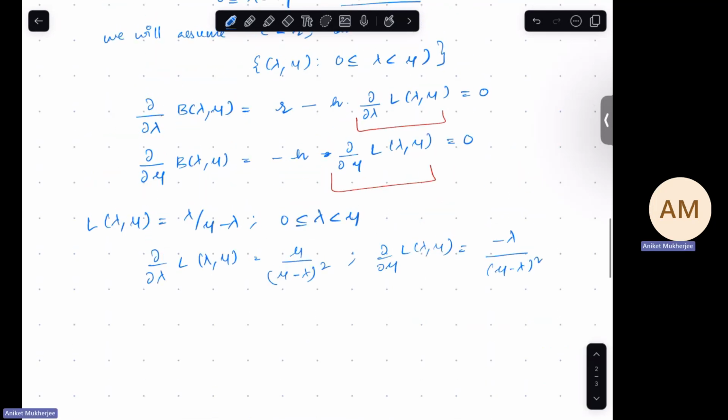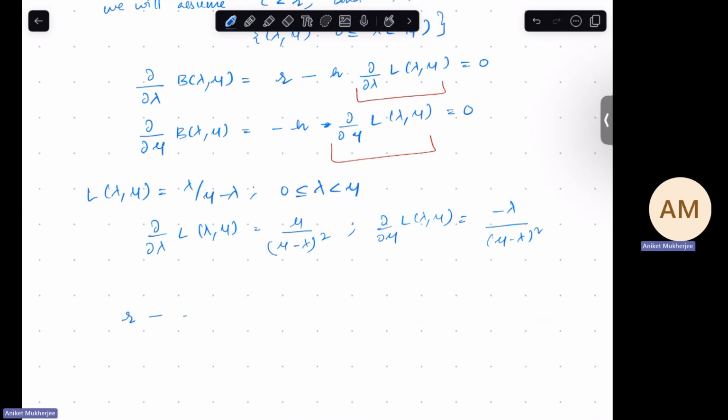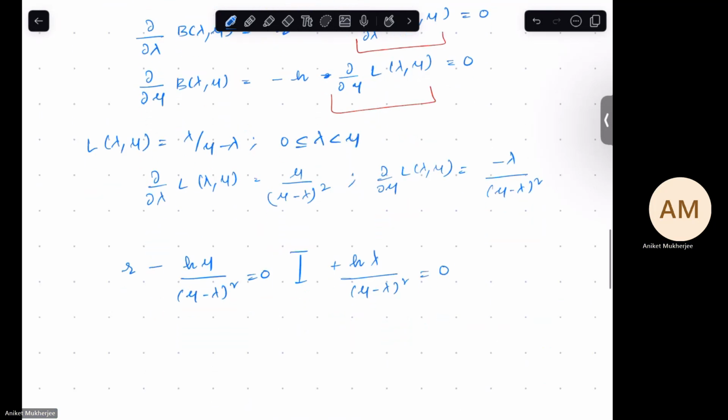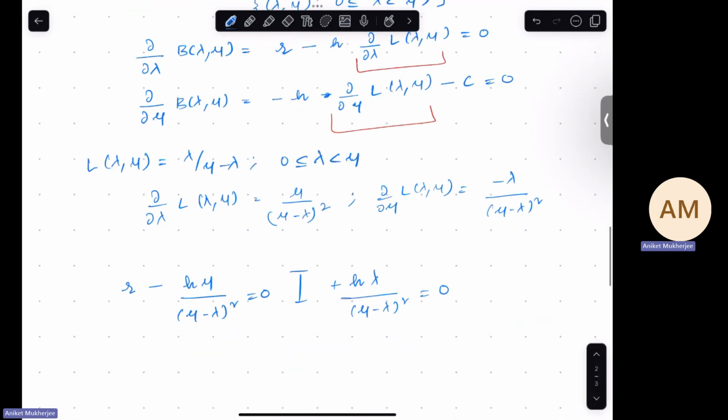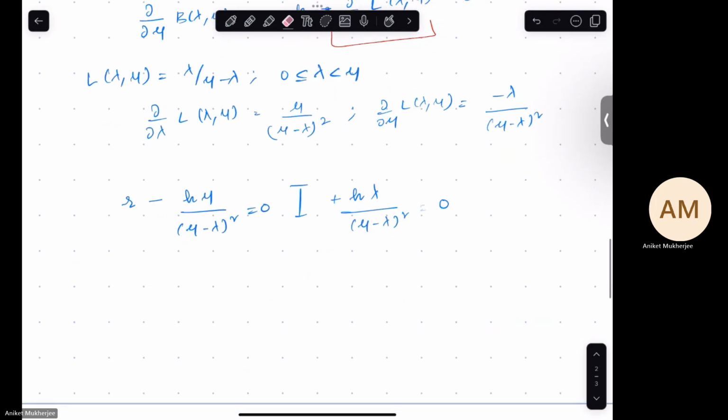So now we'll substitute this and we'll get R minus H mu by mu minus lambda whole square equal to 0. This is one equation. And plus H lambda by mu minus lambda whole square, well, there is a C here, sorry. So this would be minus C equal to 0.